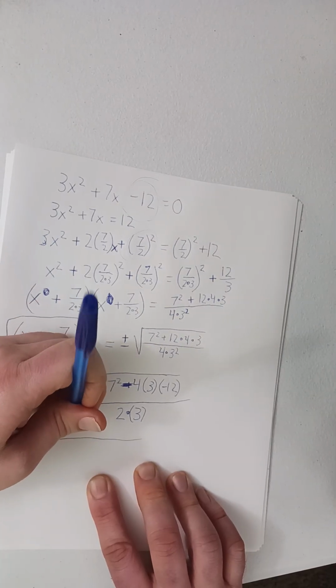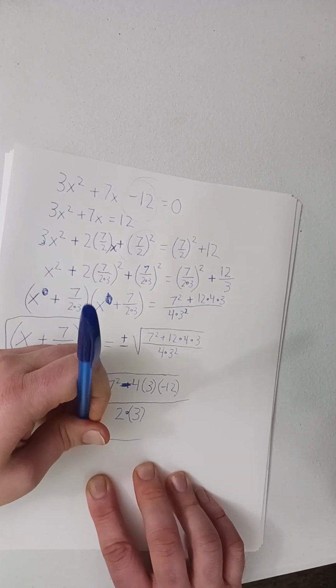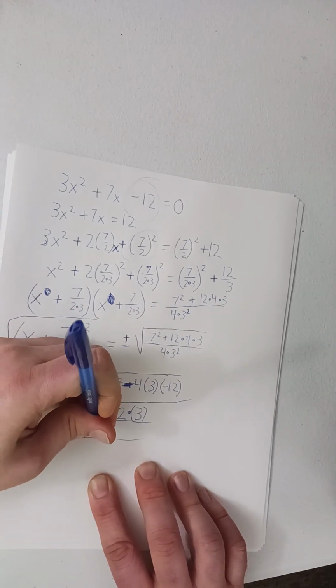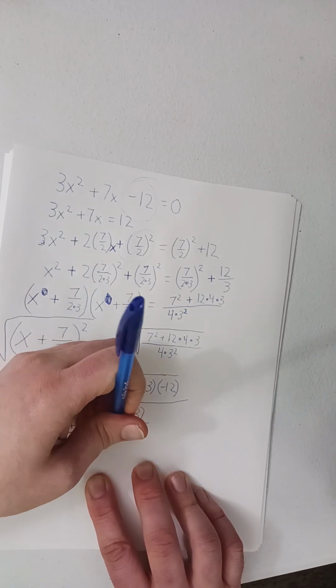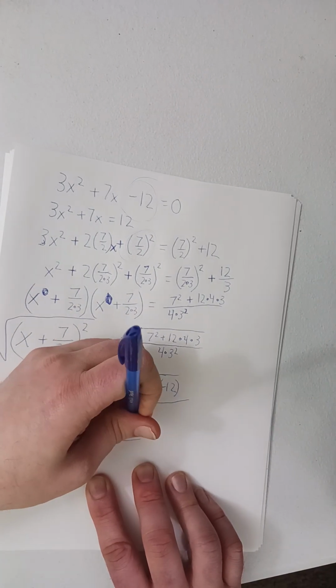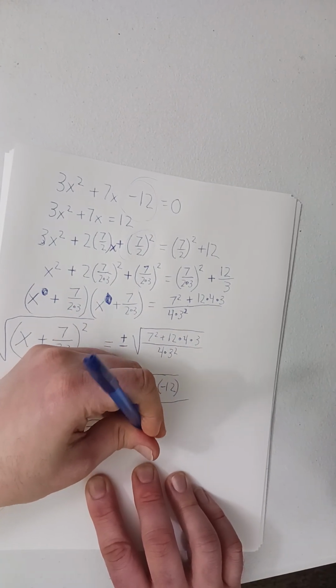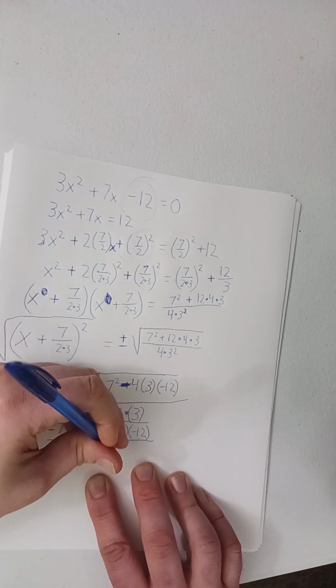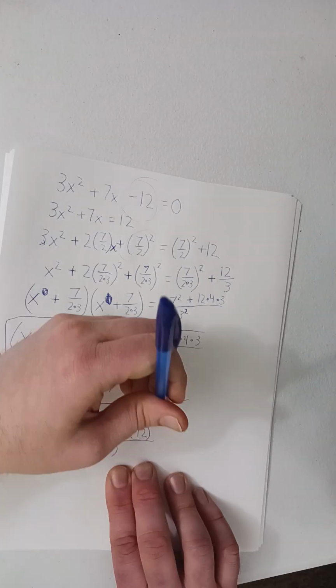So we have plus or minus the square root of 7 squared minus 4 times 3 times negative 12 over 2 times 3. So now this is the quadratic equation.